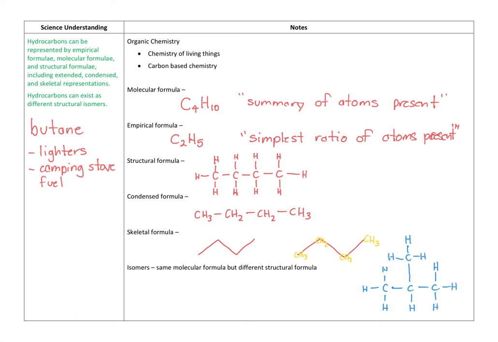So it is still C4H10. So it's got the same molecular formula as butane there, but this isn't butane, this is an isomer of butane. This isomer, we're going to learn how to name this in a minute, is called 2-methylpropane. But won't worry about the naming yet. We'll look at that in an upcoming slide.